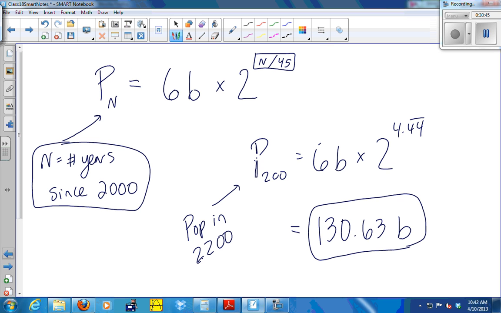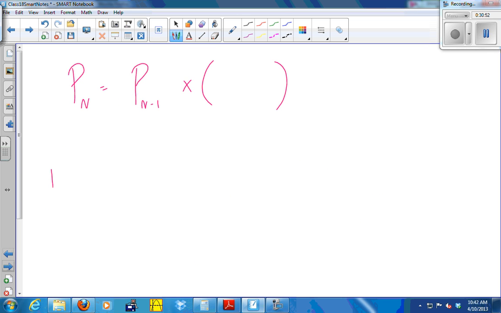If I calculate two successive years, I could get it. So I know P0 is 6 billion. What's the population 1 year later? Nope, that's 45 years later, it's double. What's the population 1 year later?